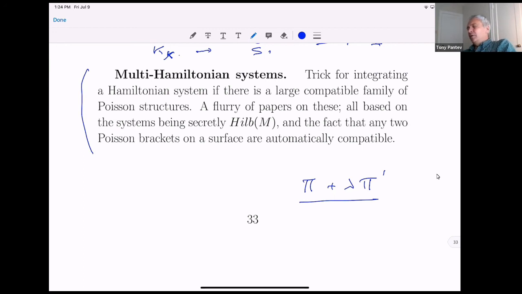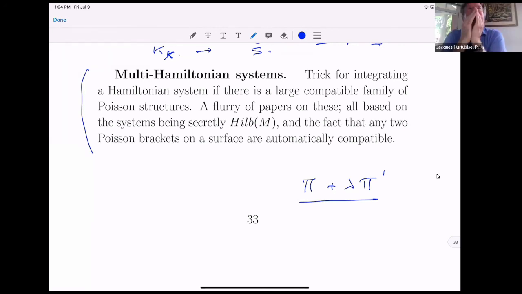Yeah, I had a similar question, but going in a different direction. So this Hilbert scheme interpretation of integrable systems. Has anybody studied how it interacts with quantization?